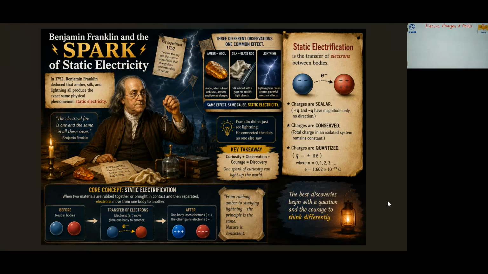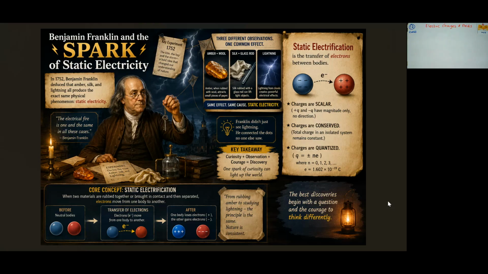Today we know this transfer happens at the subatomic level through electrons. You already know about the electron, as well as electric charge.